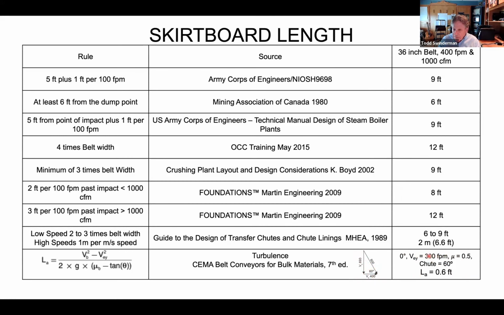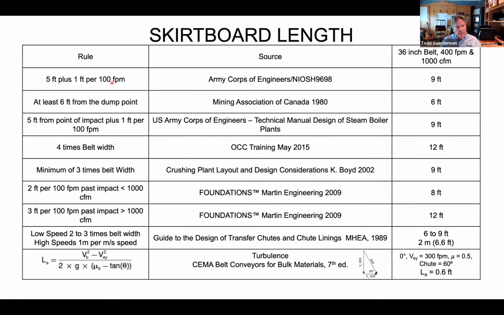But in that case, if my belt speed is 400, my vertical drop is 300, my coefficient of friction is 0.5, and I just pulled that out of there. That's on the high side of what you'll see. I only need 0.6 of a foot for that stuff to settle down on the belt, theoretically. Once again, the best evidence is go out and look at a similar situation.